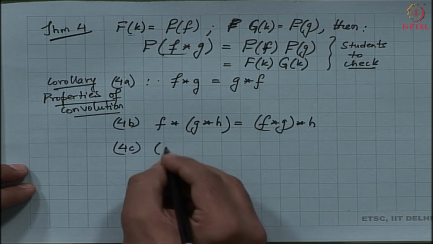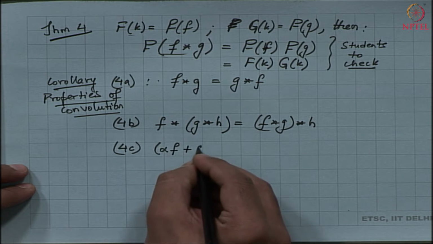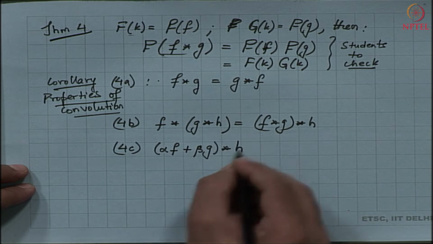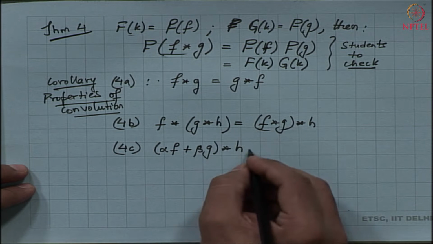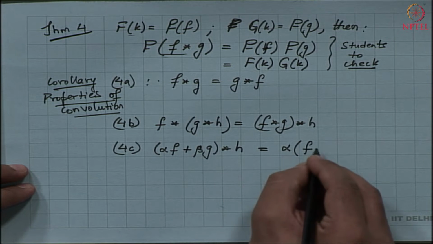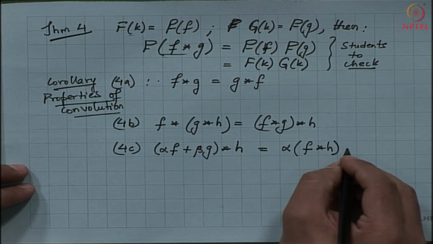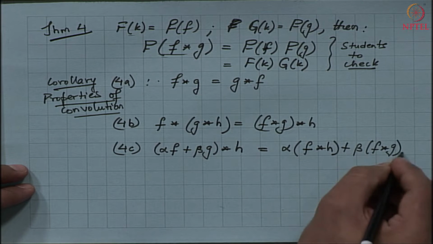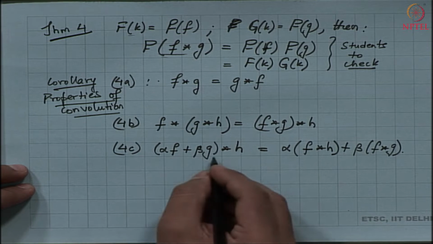Then convolution is a linear operator. In particular I have alpha f plus beta g convolved with h is alpha of f star h plus beta of g star h. So, it is a linear operator.